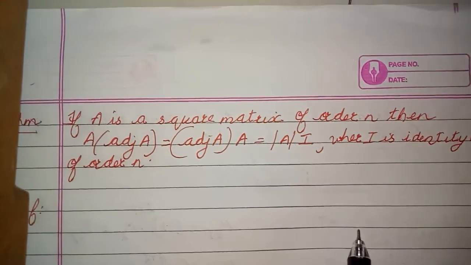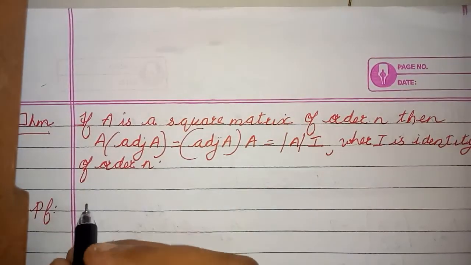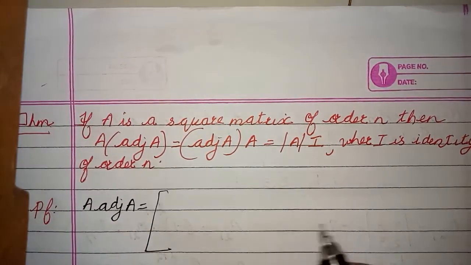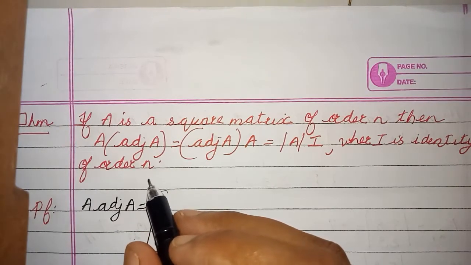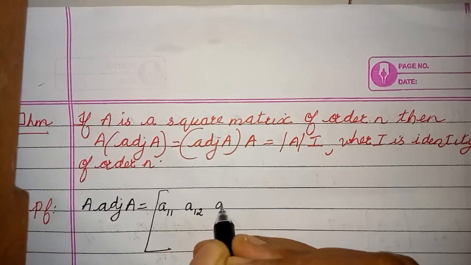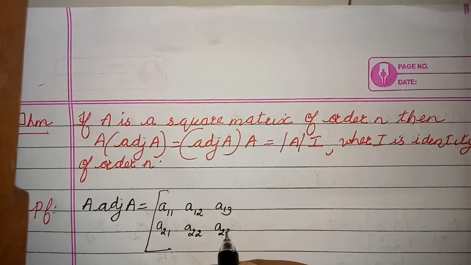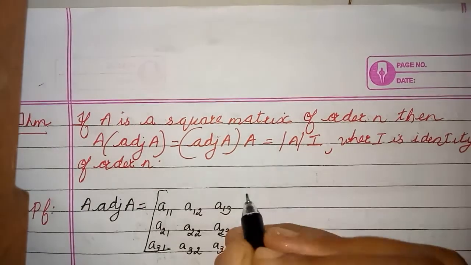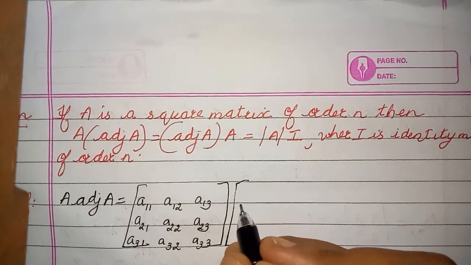So let us simplify this. Let us start, let us prove A into adjoint of A. You know what is A, children? Now it is an n cross n matrix, so it will be too lengthy. So I have taken, for simplification, matrix of order 3. So it will be A11, A12, A13, A21, A22, A23, A31, A32 and A33 into adjoint of A. Adjoint of A, just now we have studied, no, children?